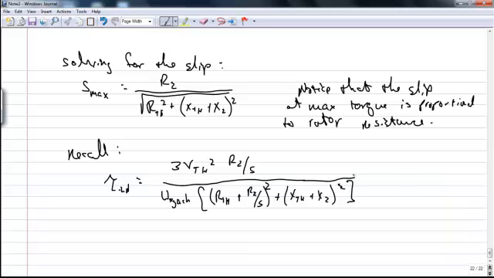If we insert this expression for maximum slip into this induced torque expression, we get the following.